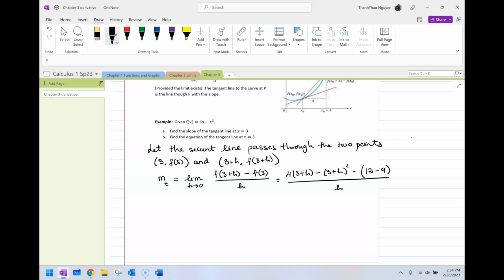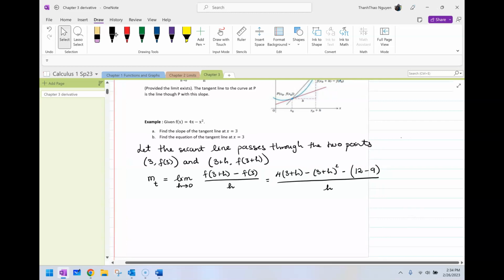We will simplify the rational expression.